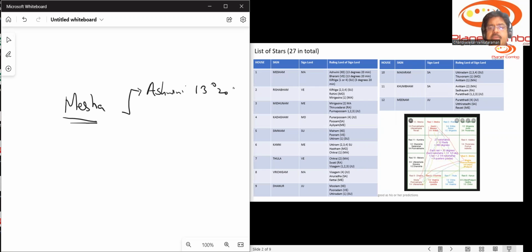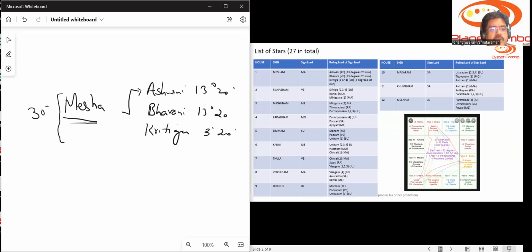The second star is Bharani, just 13 degrees and 20 minutes. And every sign is always 30 degrees, so the balance, the Kritika star, occupies that space, for 3 degrees and 20 minutes.